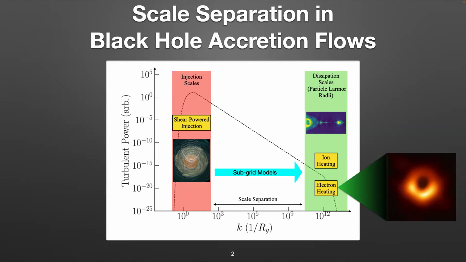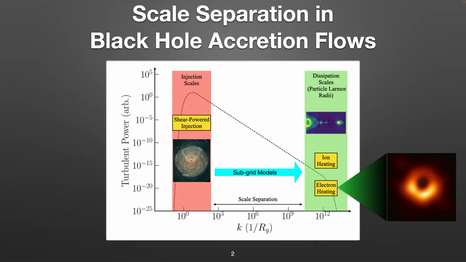However, the processes that determine the structure of the image are radiative processes due to the electrons in these flows, and the physics of what determines the electron temperature, or how these things radiate, occurs at much smaller scales, the dissipation scales of the plasma, which are like 10 orders of magnitude smaller than the scales of the global dynamics, right?